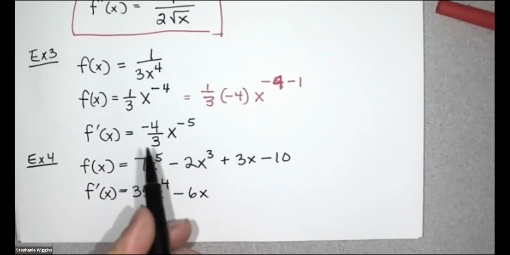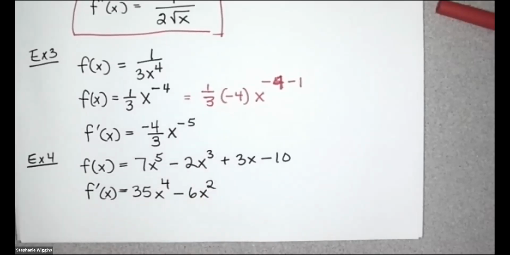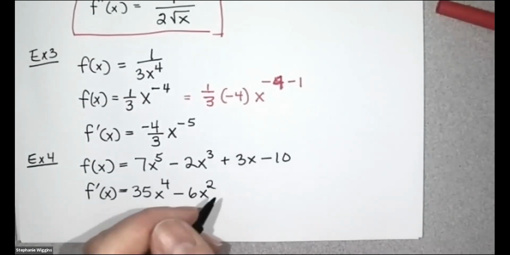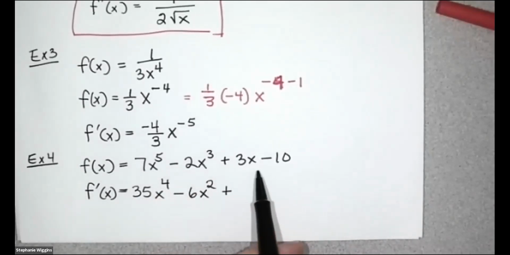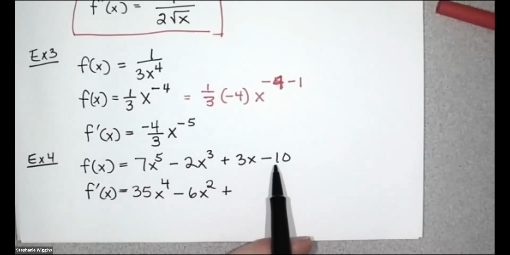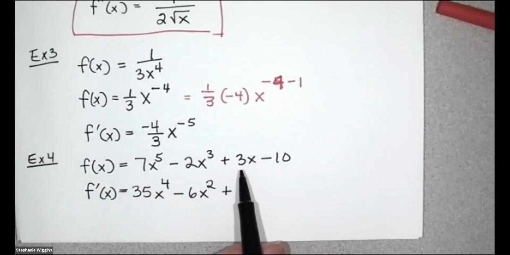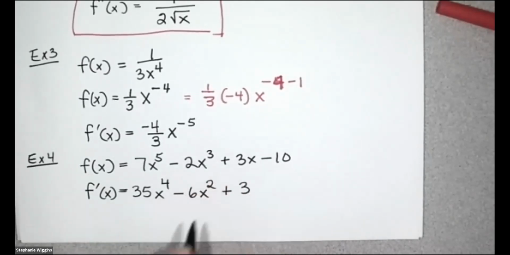Subtracting 1 from 3 gives us 2. Remember, last time I did an example where I showed that the derivative of a linear function is its slope. So this piece of the polynomial is the linear part. So the slope of the line y equals 3x minus 10 is 3. So the derivative is 3.